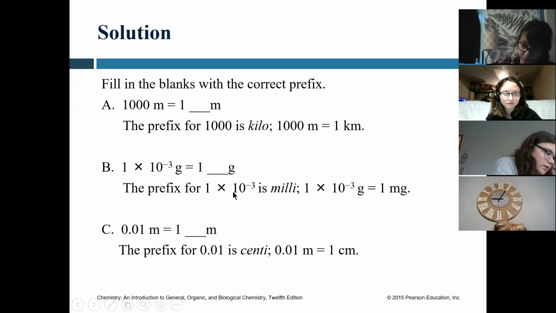But the prefix for 1 times 10 to the negative 3, which is 1,000th, is the same thing as a milli. So 1 times 10 to the negative 3 grams is the same thing as 1 milligram. And then this is 100th, right? If we move the decimal over, it's a 10th place and then 100th place. 100th of a meter is the same thing as a centimeter.